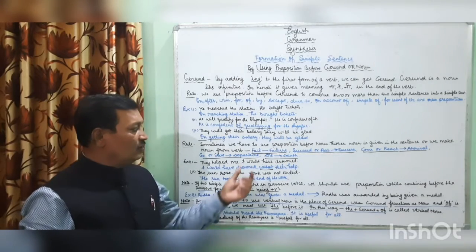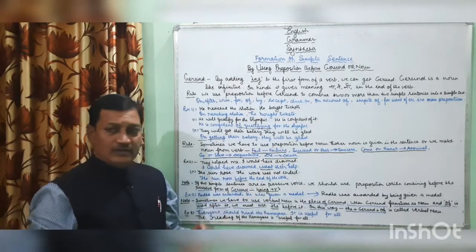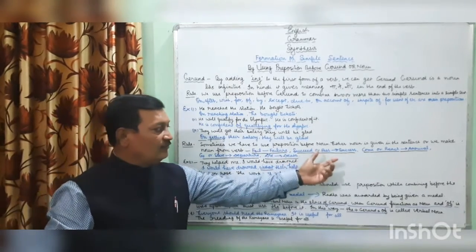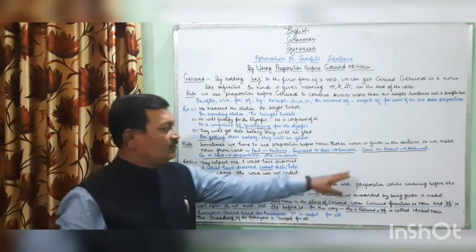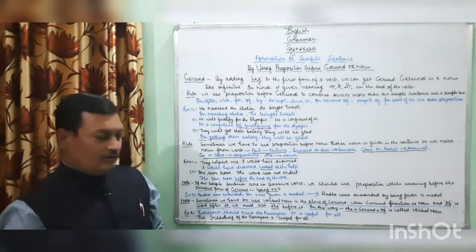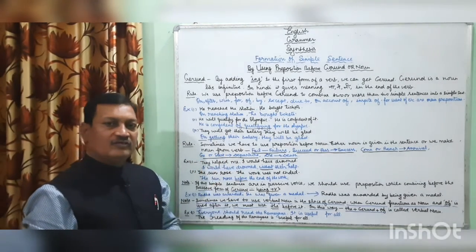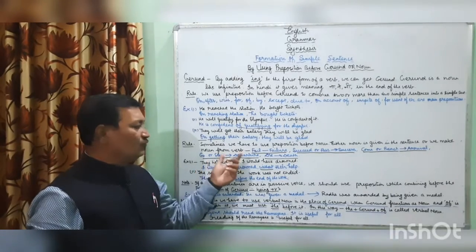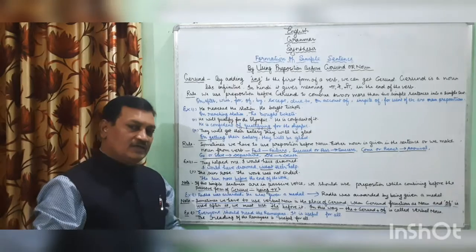For example, fail is verb, we change it into failure, noun. Succeed or pass, we change it into success. Come or reach, we turn these verbs into arrival as noun. Go or start, we change these two verbs into departure, and die into death, etc.